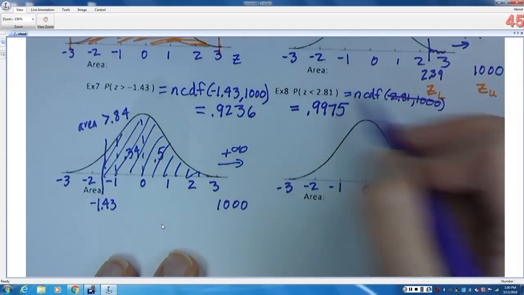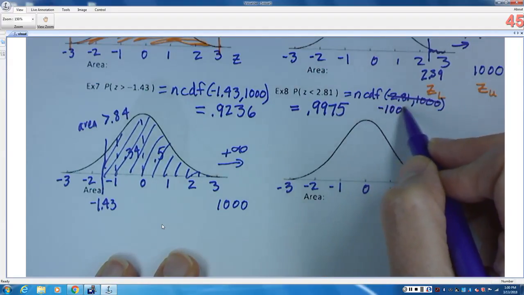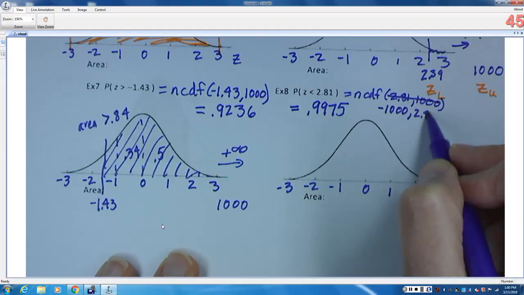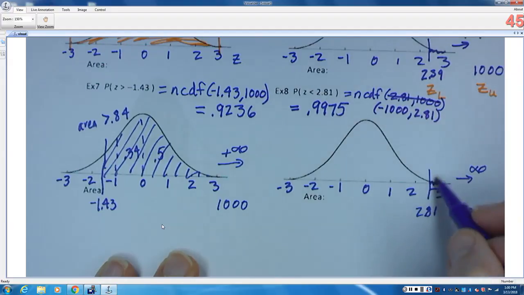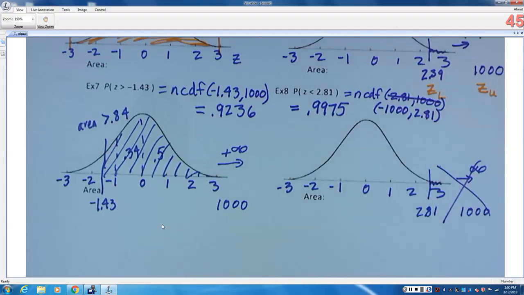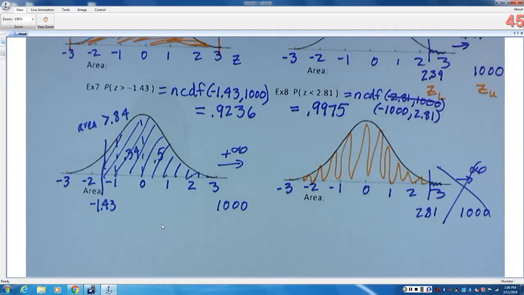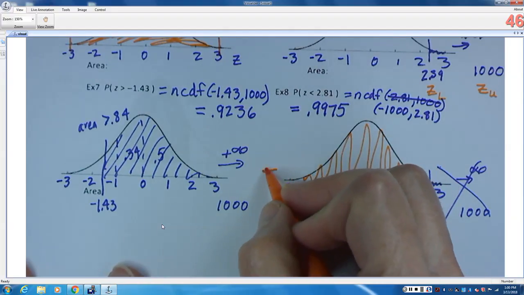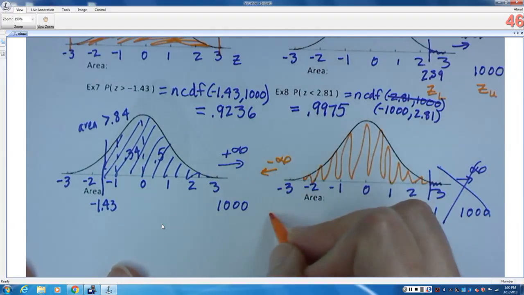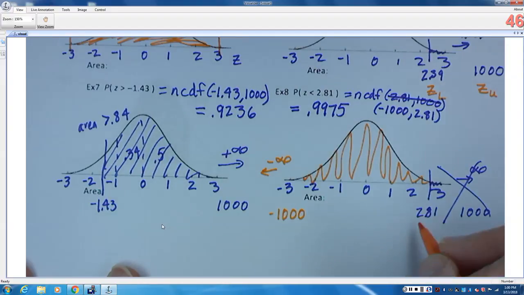It's a less than sign, negative 1,000 to 2.81, and we needed to shade to the left. So don't make that mistake. There we go. It's a less than sign, so we're going from negative infinity, negative 1,000, to 2.81.